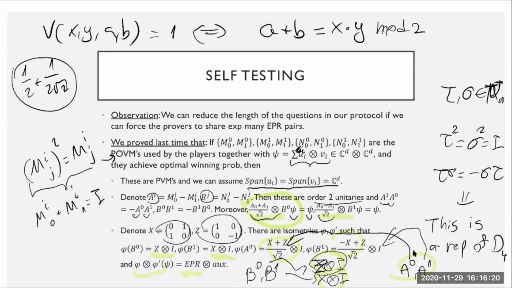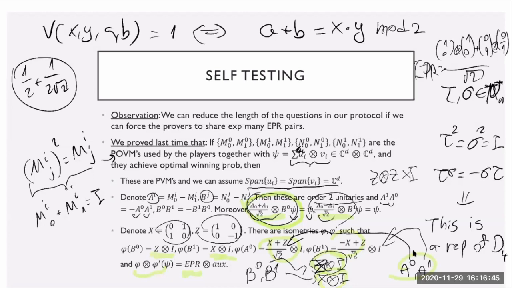I recall what the EPR pair was. So it was 1, 0 tensor 1, 0 plus 0, 1 tensor 0, 1, divided by square root of 2. This is EPR. So this is the only mutual eigenvector of X tensor X. You can check that this matrix now is Z tensor Z, tensor the identity, but we don't care about the identity part because we don't act on it.